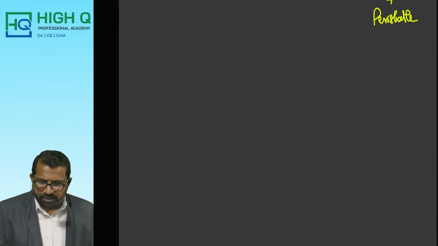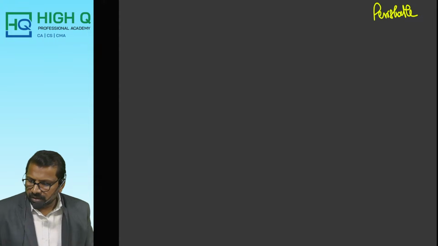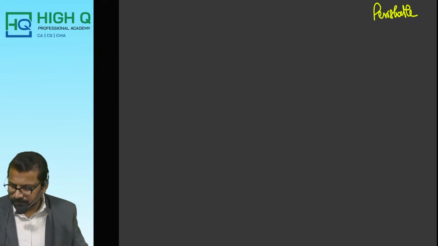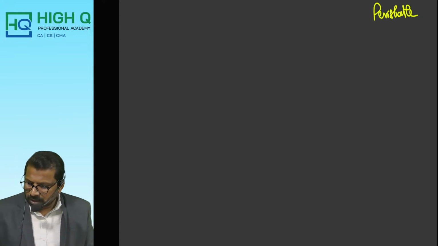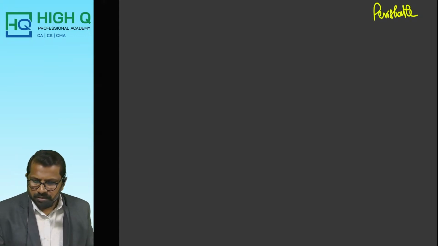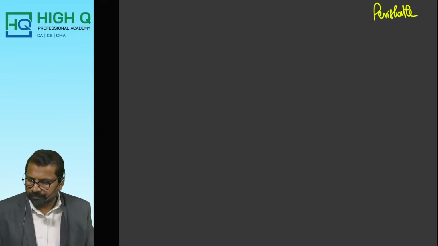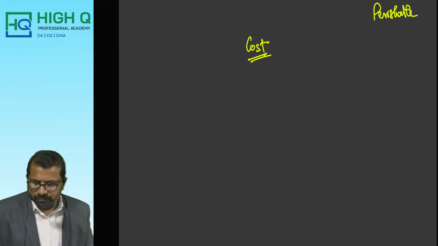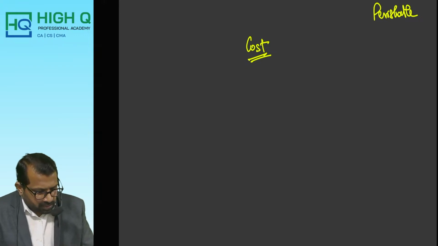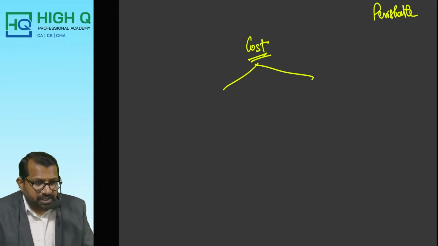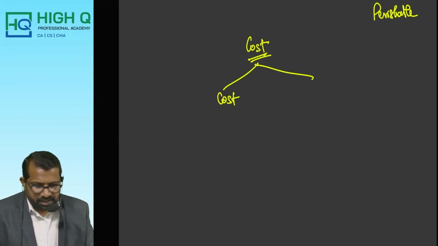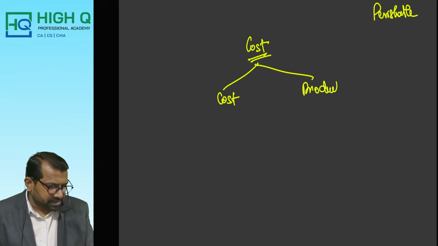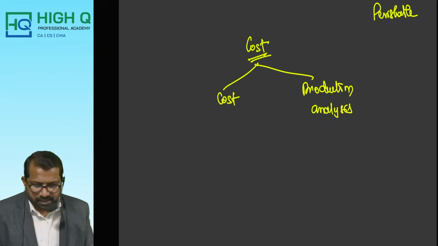So various factors of production. Next one is cost. In this there are two types of analysis: cost analysis as well as production analysis.